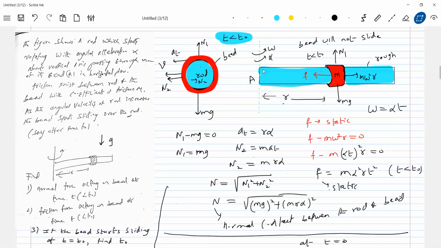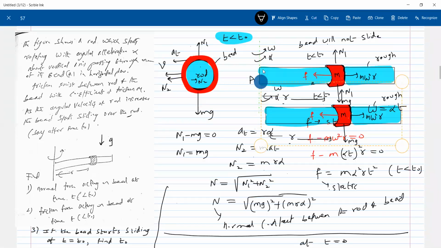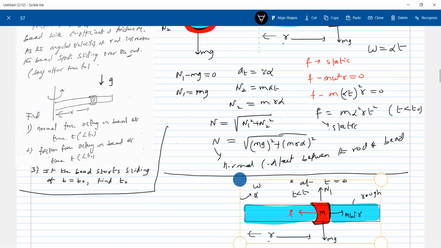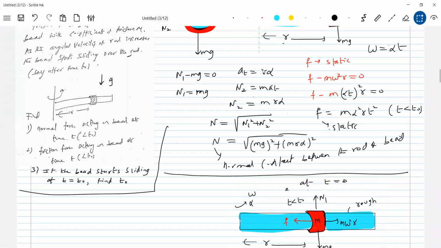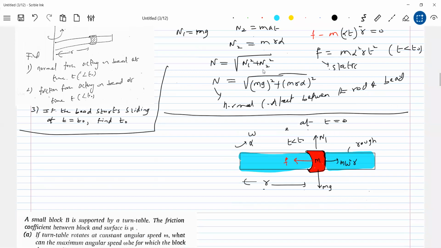So now what we have to show, the frictional force acting will be for this axis about which it is rotating. Omega. Now what is the condition strictly? At t equal to t naught. We are discussing the third part of the problem.